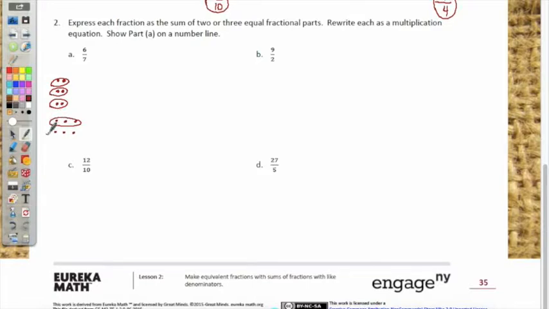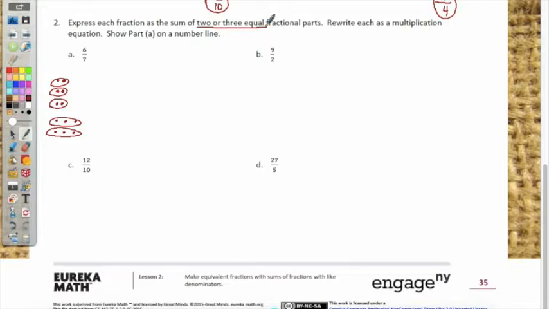Yep. Okay? Now, the directions say, express each fraction as the sum, so that means we're going to add, of 2 or 3 equal fractional parts. So we're going to add parts.